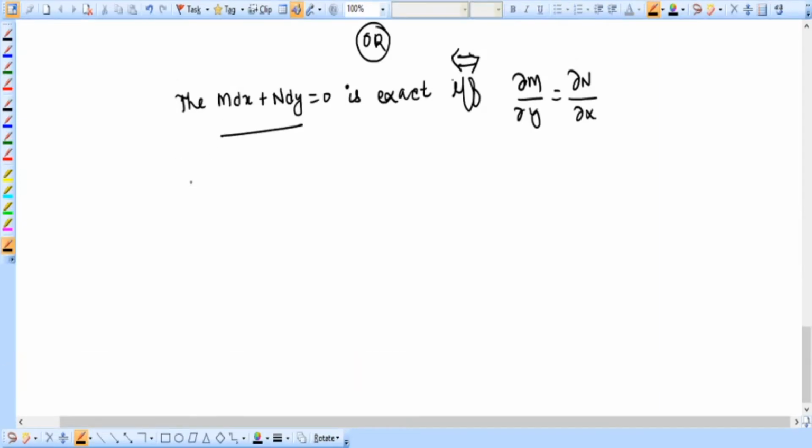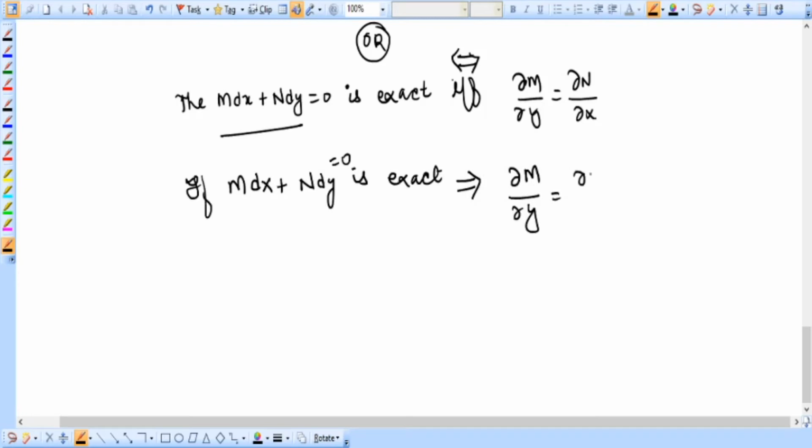It means if M dx plus N dy is exact, that is, there exists u such that M dx plus N dy is equal to du, then the partial of M with respect to y must be equal to the partial of N with respect to x. If this is exact, then this condition should be satisfied.